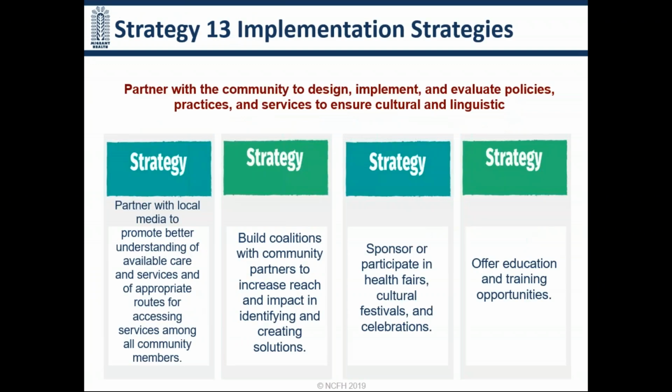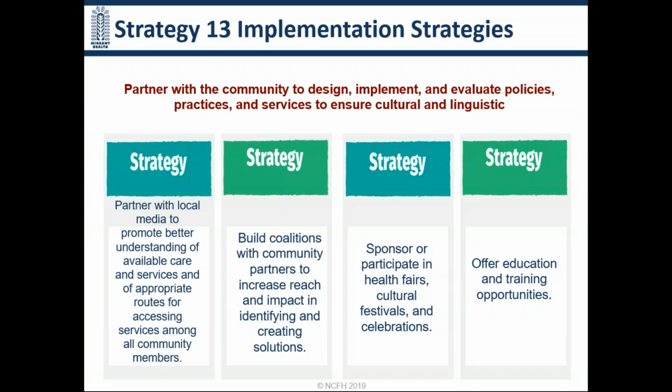Some strategies here are, you want to partner again with local media, promote better understanding of what you provide, of the available care and services, and the appropriate routes to accessing services among the community members. You want to sponsor or participate in health fairs, cultural festivals, and celebrations.